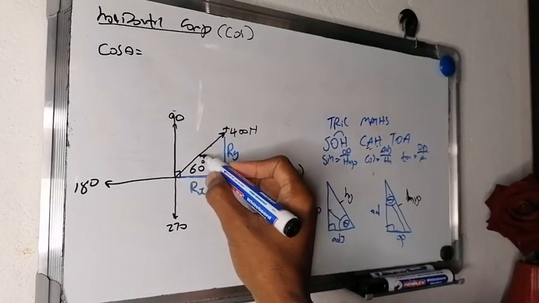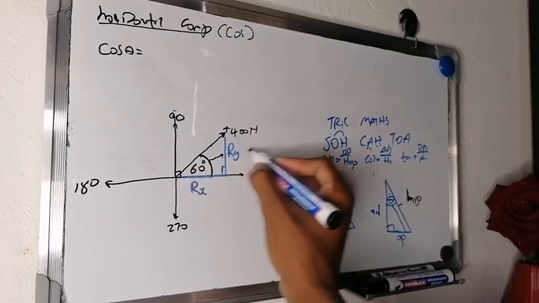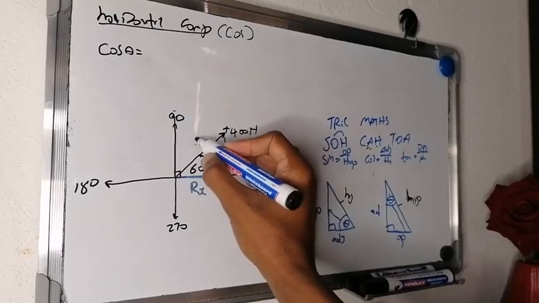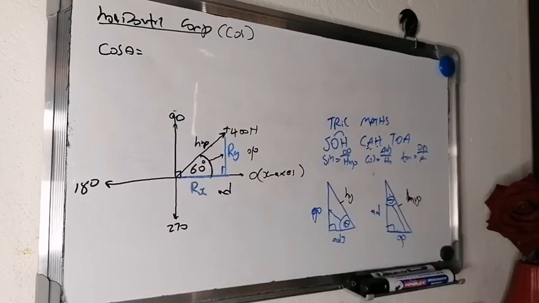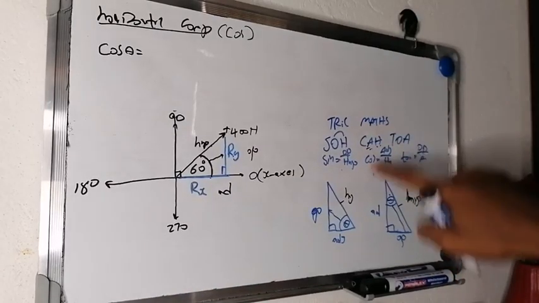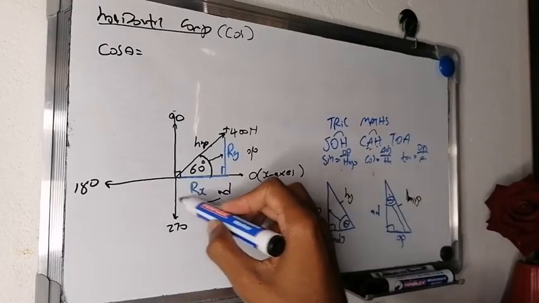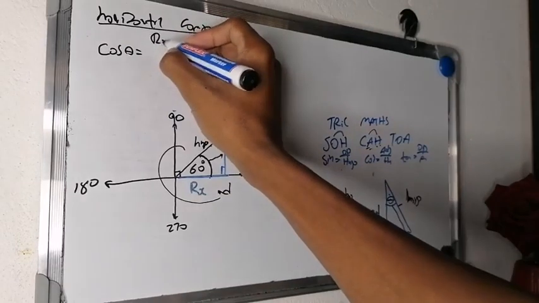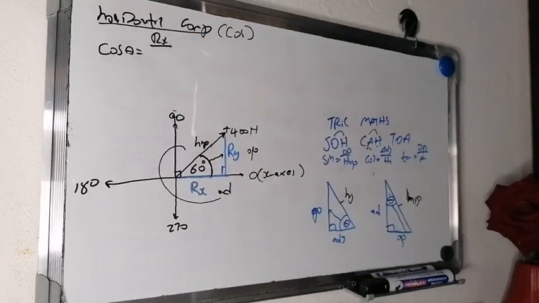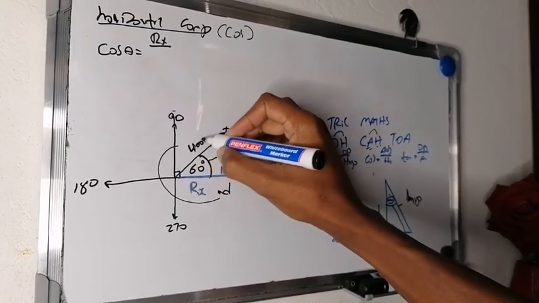Having a 60 here, the side opposite to that 60 is our opposite. The longest side is the hypotenuse. This side is our adjacent. According to CAH, it is adjacent over hypotenuse, meaning you have Rx over the hypotenuse. That's where your 400 is.